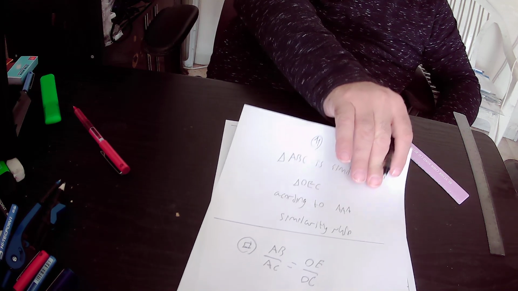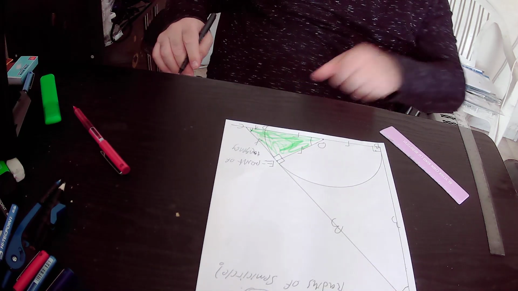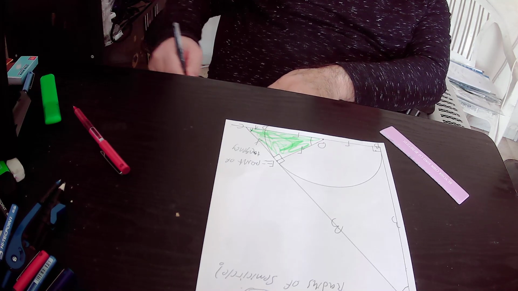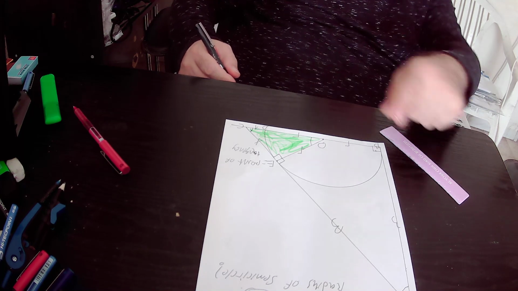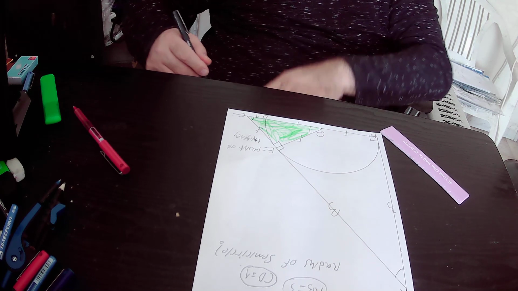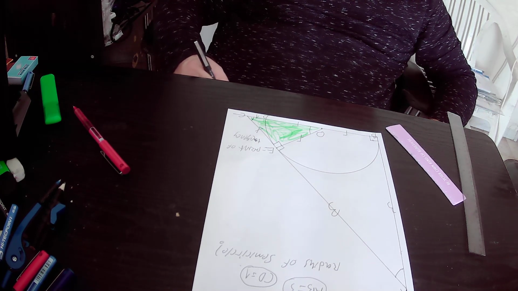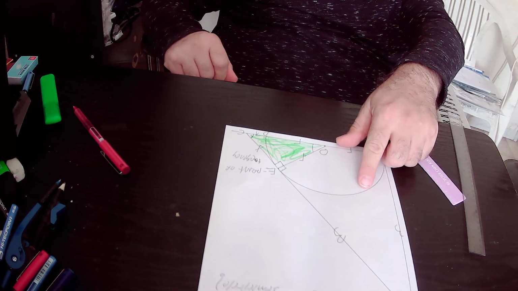But what is the value of AB? From the drawing, you can see that AB equals 3 units. It is given in the question that AB equals 3 units. What is the value of AC?